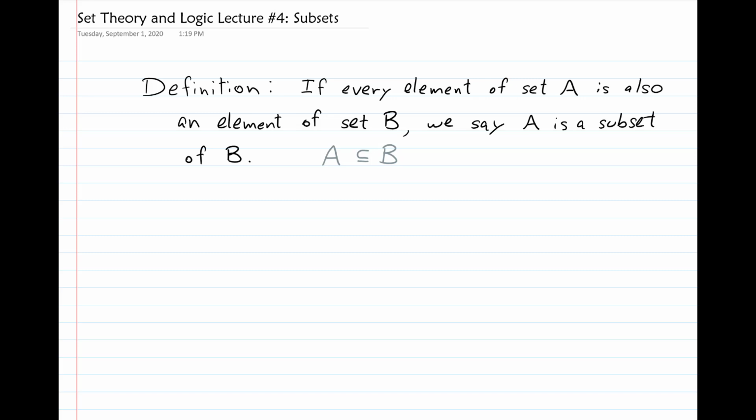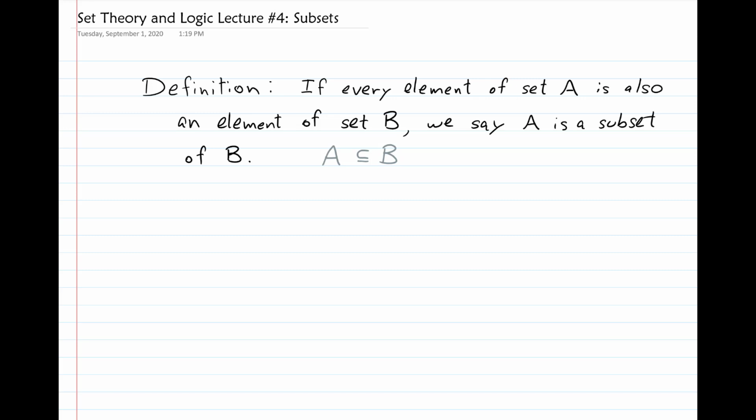But let me ask you this question. How would you show that A is not a subset of B? How would you do that? Okay, so let's think about it. If A is not a subset of B, then doesn't that mean that there has to be an element of A that is not an element of B?